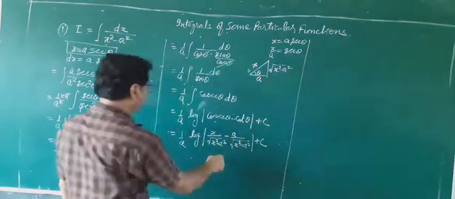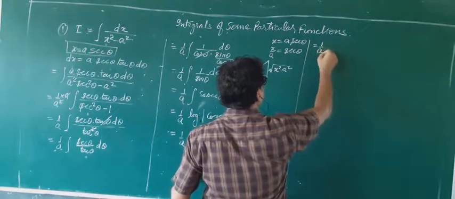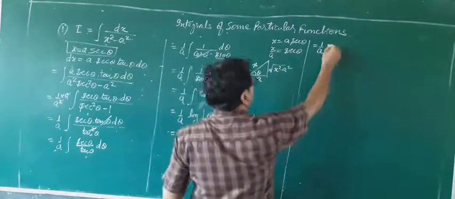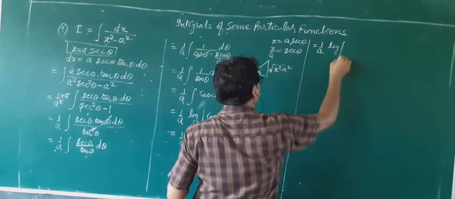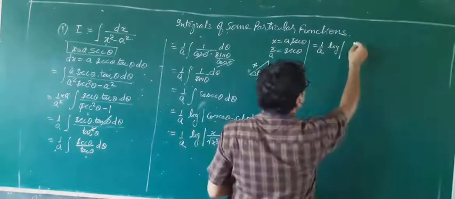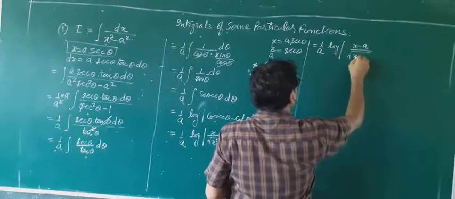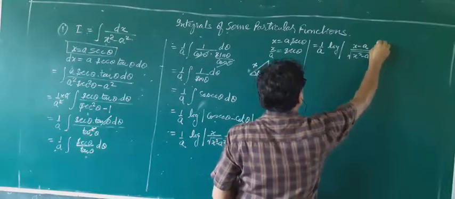And we solve it again. This is 1 upon a log of x minus a upon root of x square minus a square plus c.